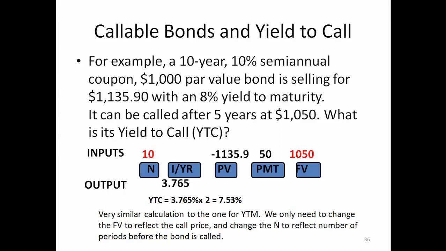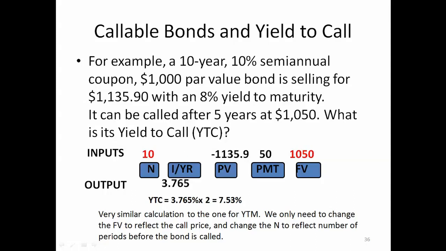We can calculate the yield to call the same way as the yield to maturity. So with the help of the financial calculator, we have coupon payment $50, and we have 10 N because that's 5 years, or say 10 coupon payments. So this is if the bond is called back in 5 years.